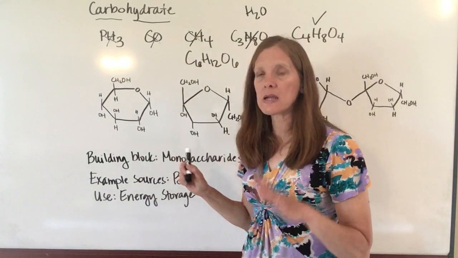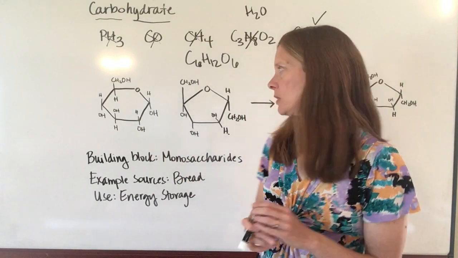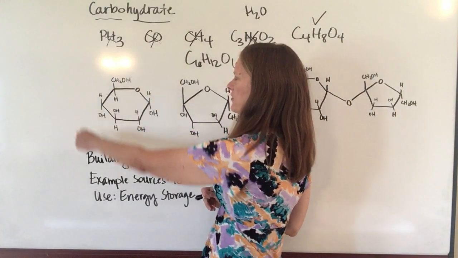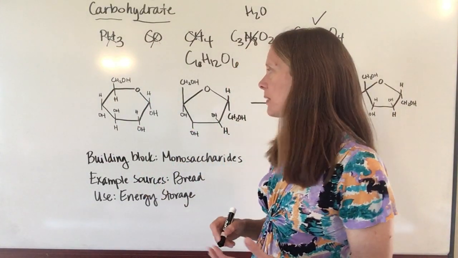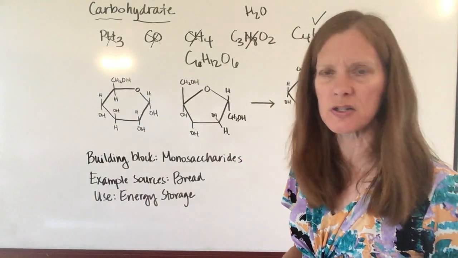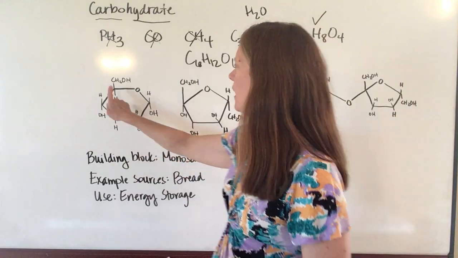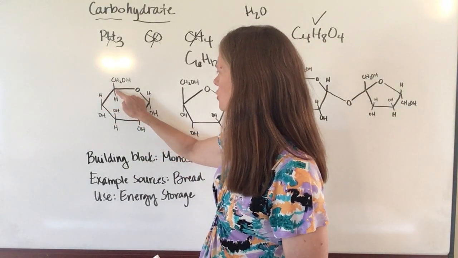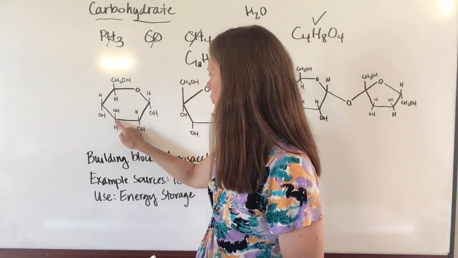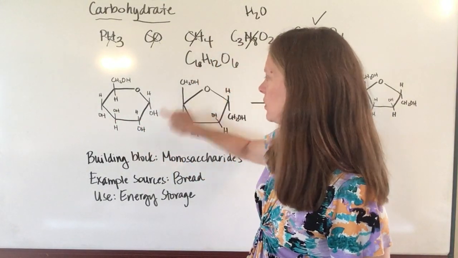Every carbon is allowed to have 4 things bonded to it. If I count up the carbons, and on your paper I think they have them drawn in light blue so you can see them, I go 1, 2, 3, 4, 5, 6. So there's the C6 that we talked about.